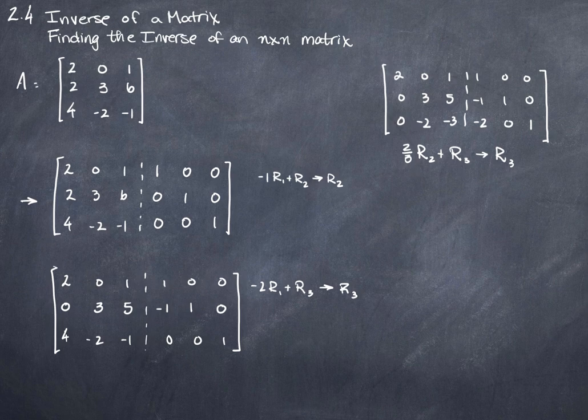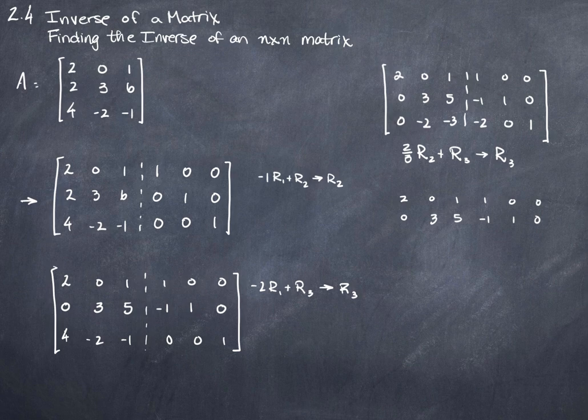So when I do that, I get no change to row 1. And actually no change to row 2 either. Let's go ahead and put that in this position. And I'm going to take everything in each entry in row 2, multiply it by 2/3, and add it to row 3.